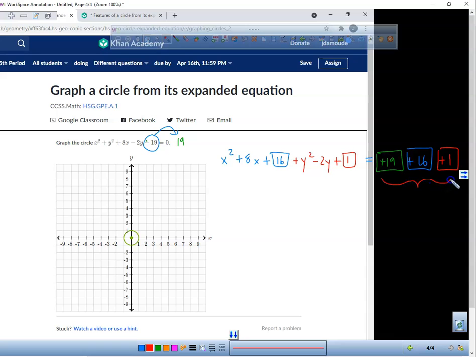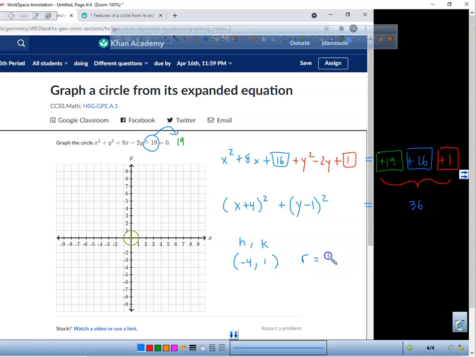What does that all become? A total of 36. So here's my equation. X plus 4 squared plus y minus 1 squared equals 36. So my h value is negative 4. My k value is 1.